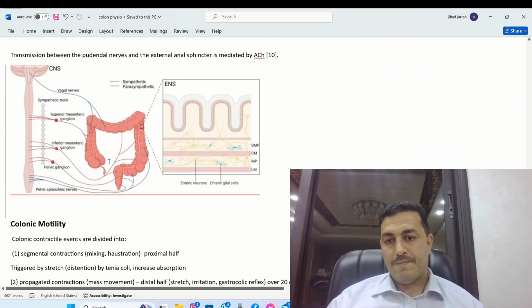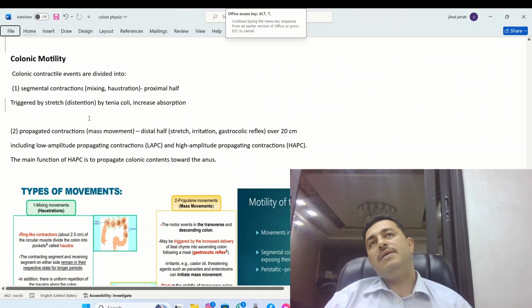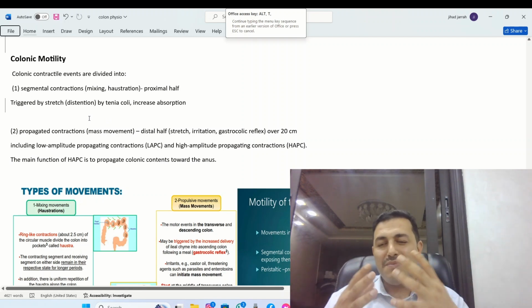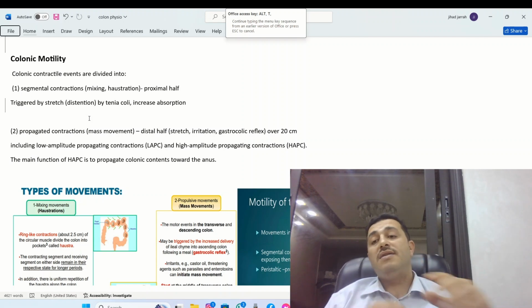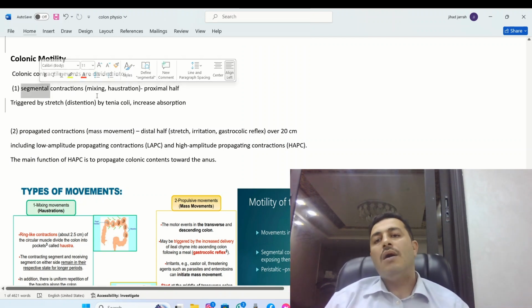Okay, let's talk about the motility of the colon. In general, we have two types; in detail, it's more complex. These are the segmental contractions, or mixing contractions, or haustration.